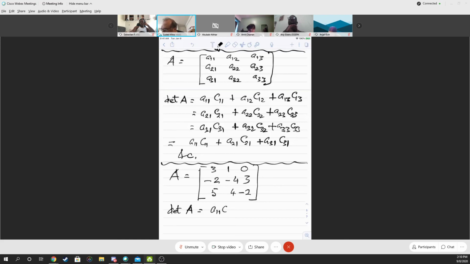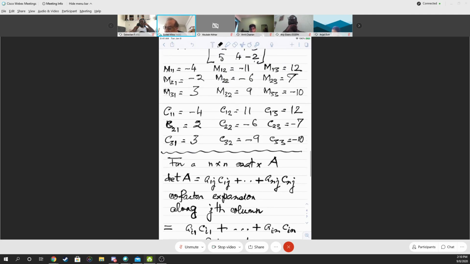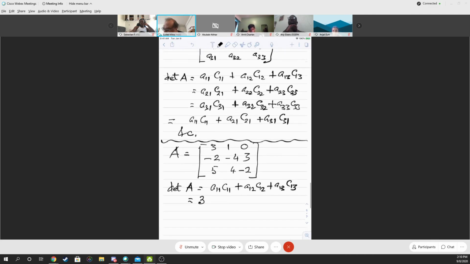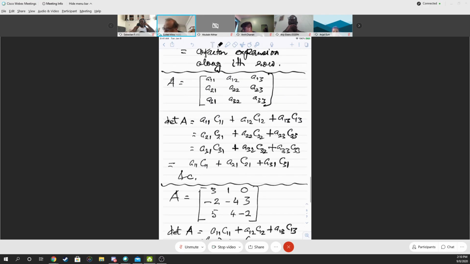A11 C11 plus A12 C12 plus A13 C13. So that is equal to 3 times C11, which is minus 4, plus 1 times C12, which is 11.